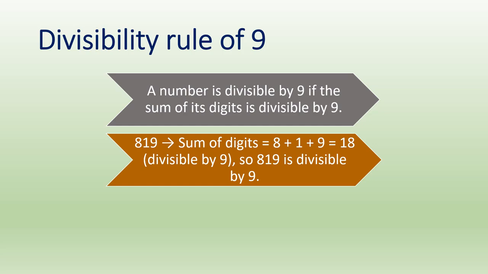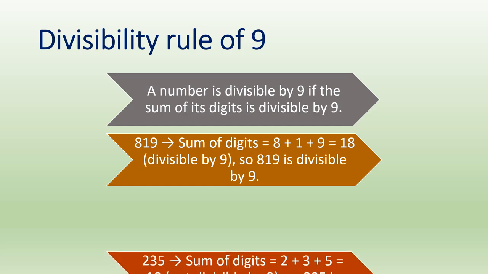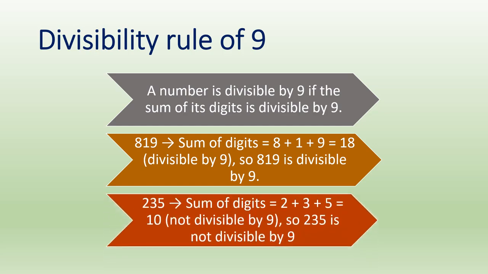The sum of digits, 8 plus 1 plus 9, is equal to 18. 18 is divisible by 9. So 819 is divisible by 9. Another example, 235. The sum of digits is equal to 2 plus 3 plus 5 equals 10, which is not divisible by 9. So 235 is not divisible by 9.